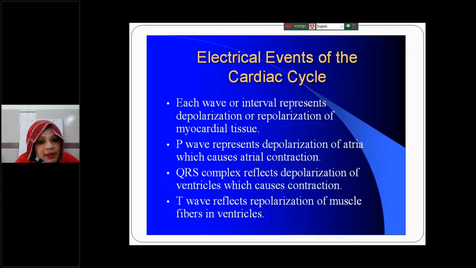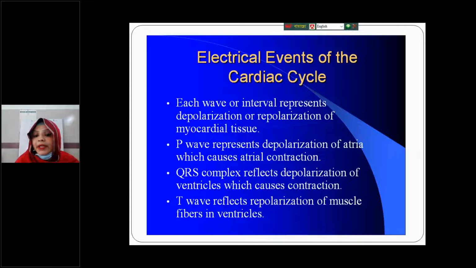That is, depolarization means contraction. You have to remember these things, and this is very, very important for your viva and also for MCQ questions. P wave always represents atrial depolarization, meaning atrial contraction.